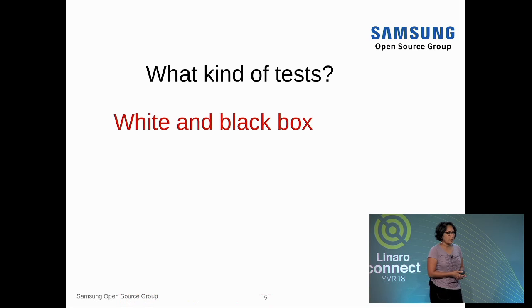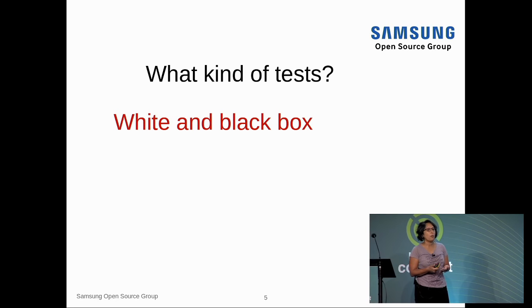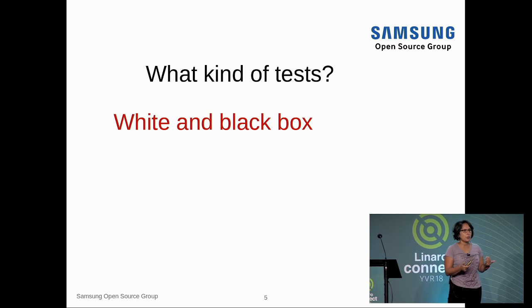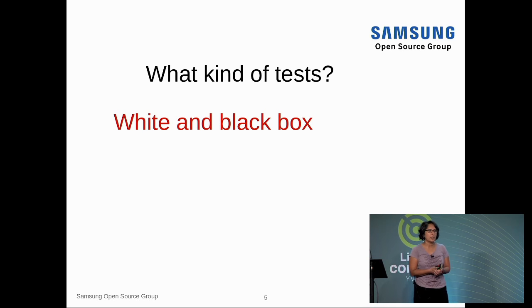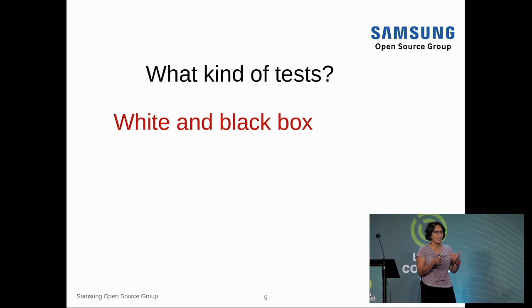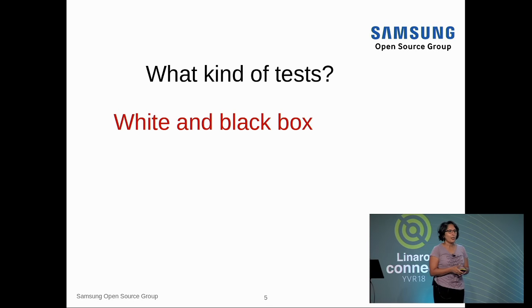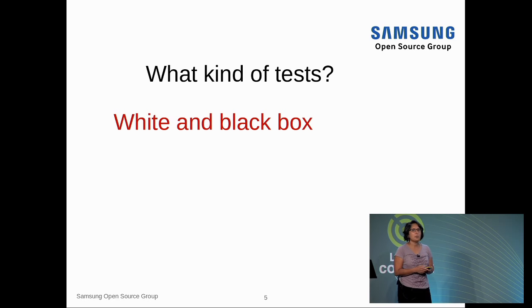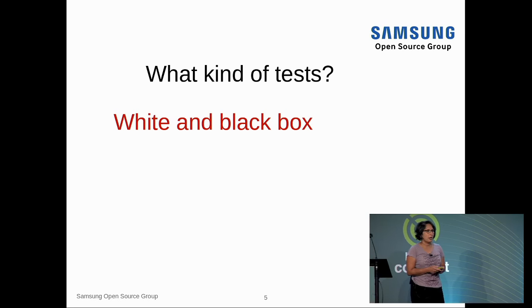So what kind of tests do we have? I consider this a mix of white box and black box tests. Since kernel developers write these tests, I consider them more white box because they know and understand the code. They are writing tests tailored to that code. And there are some black box tests that users write.